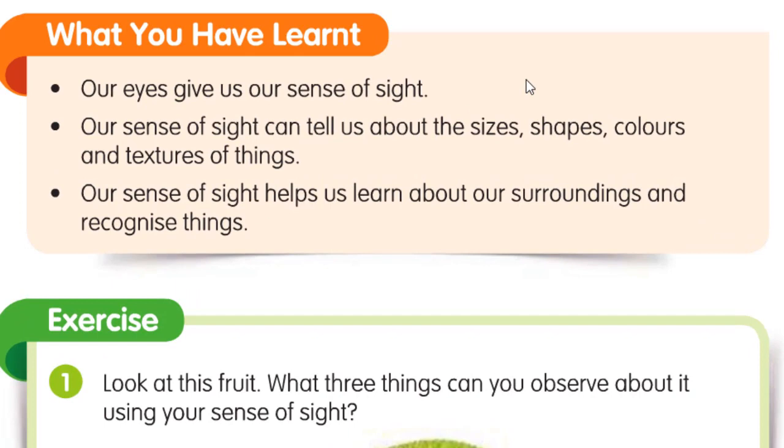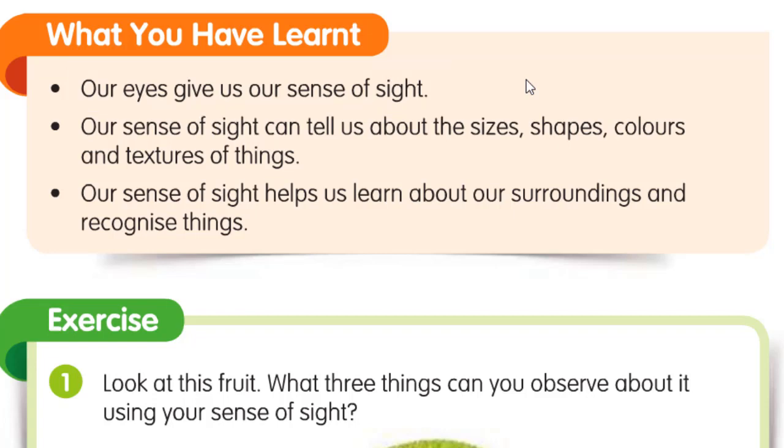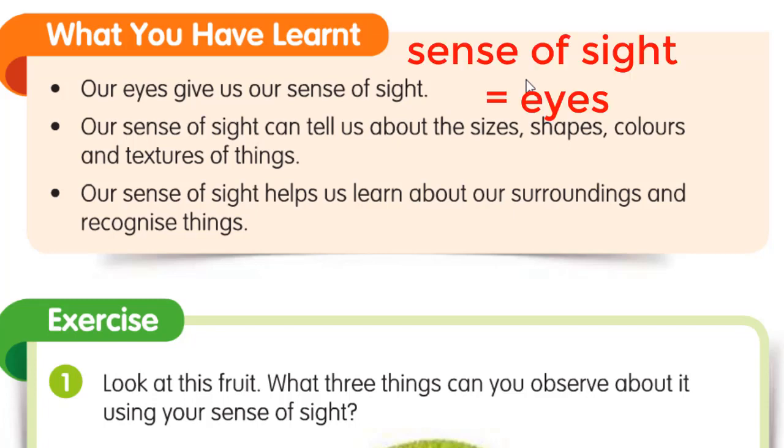Today we have learned about first our eyes give us our sense of sight. Jadi mata kita ini memberikan kita indera penglihatan. Jadi ingat, indera penglihatan itu menggunakan mata. Okay, sense of sight use eyes.